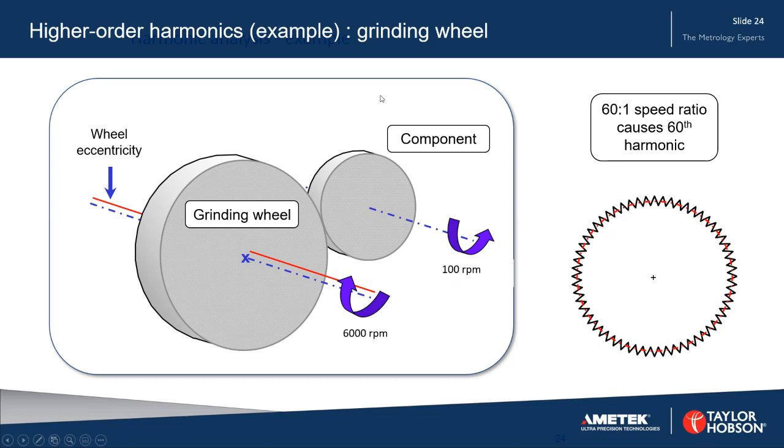If we could make this graph many thousand times bigger, we would actually see the indentation. And if we display it as a linear profile, we will be able to measure those indentations. So what's been caused here is the 60th harmonic because of the eccentricity of a grinding wheel and related to the ratio of the speeds.